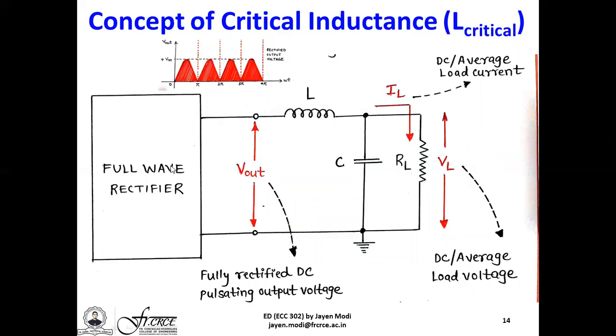The reason is that the PN junction diodes have an almost zero or a very low forward bias resistance, due to which the capacitor C will charge quickly.